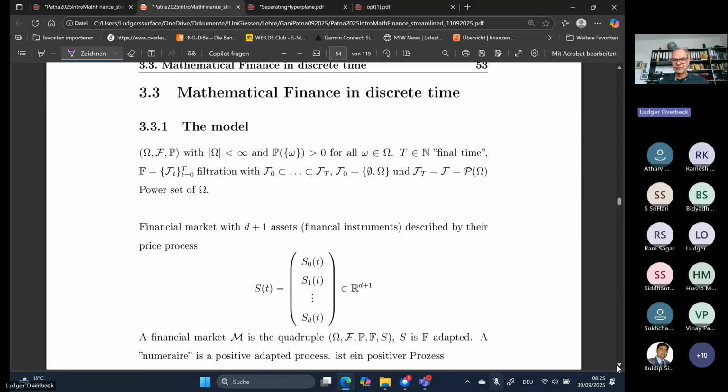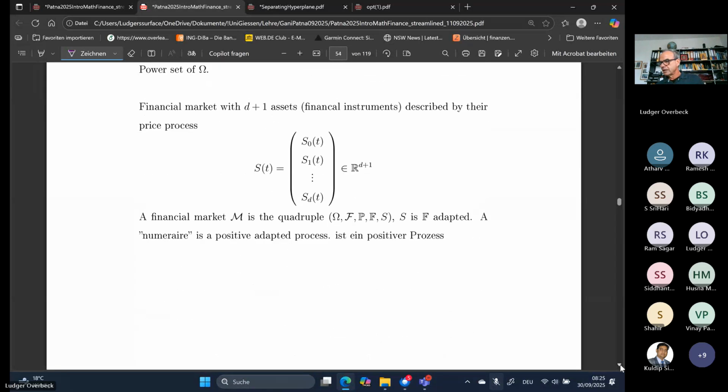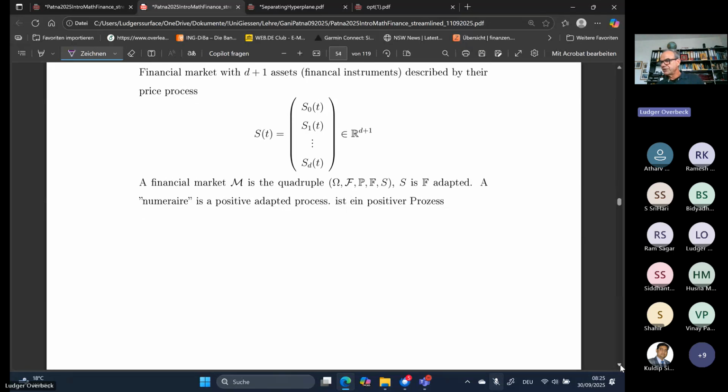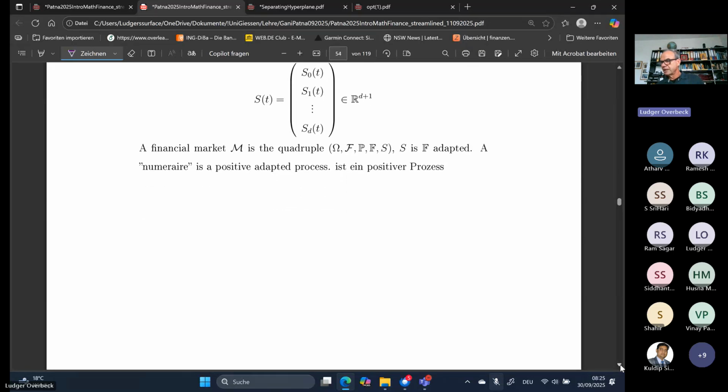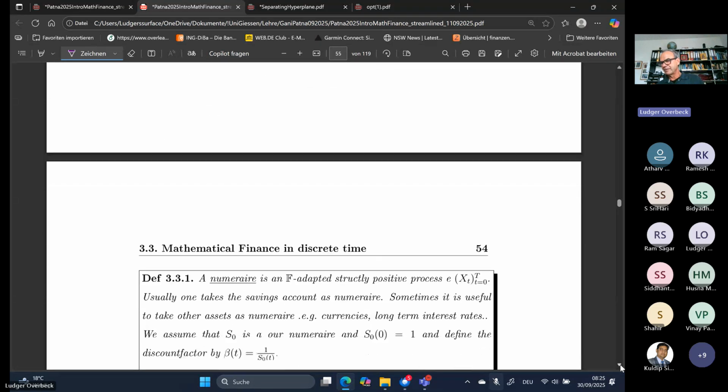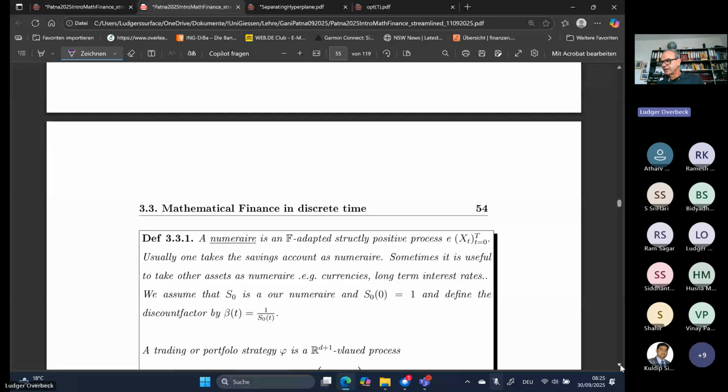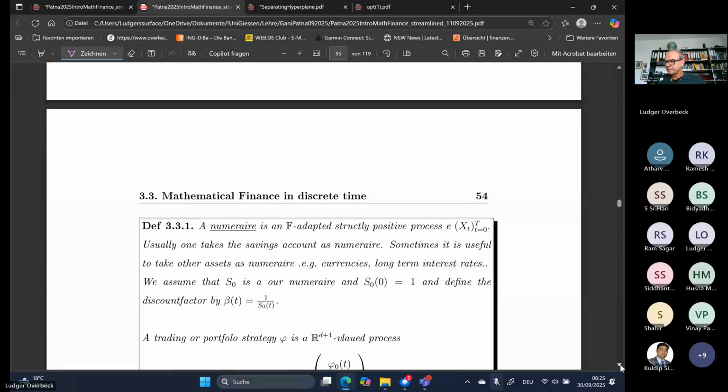Okay. So we start with the process. These are multiple assets, and we have one positive process. This is not necessarily in the market. Sometimes it is, so we put the numeraire. The numeraire is just how we measure everything.